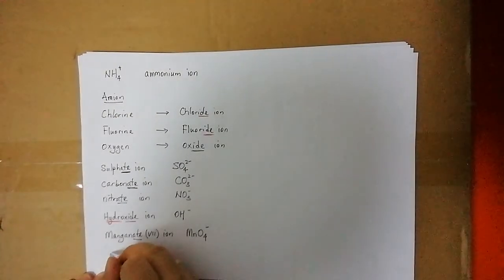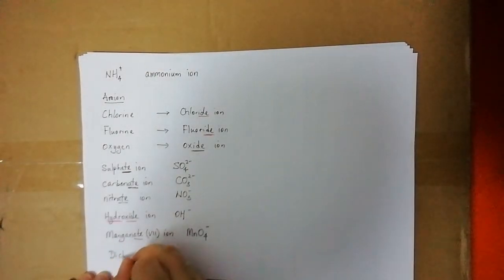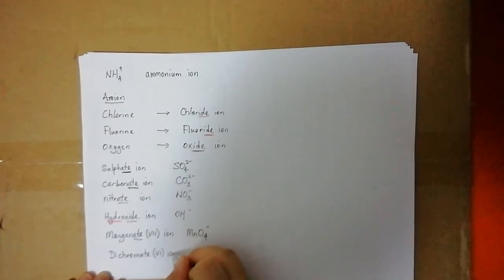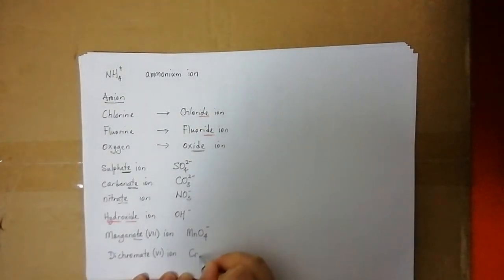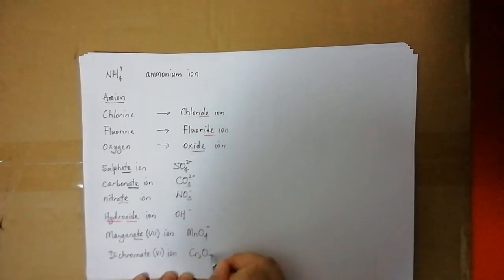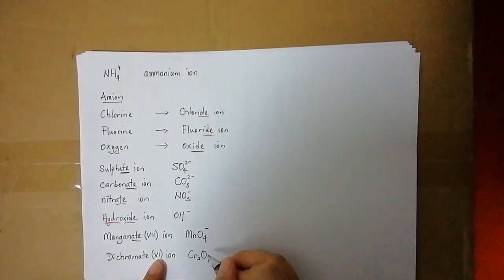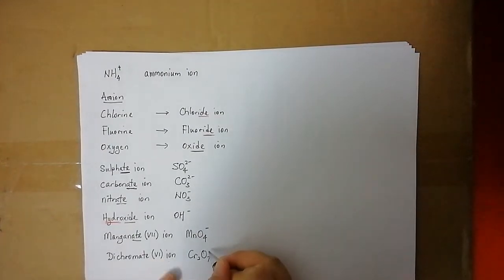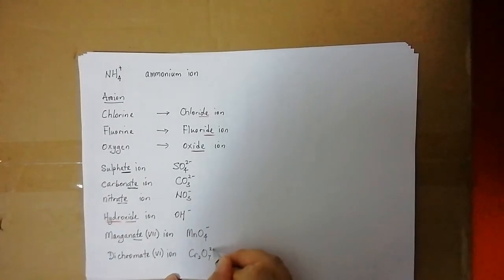Or the other example, we can also see dichromate 6 ion. Dichromate 6 ion, we have Cr2O7, because the Roman numeral is 6, so the charge for this will be 2 negative.